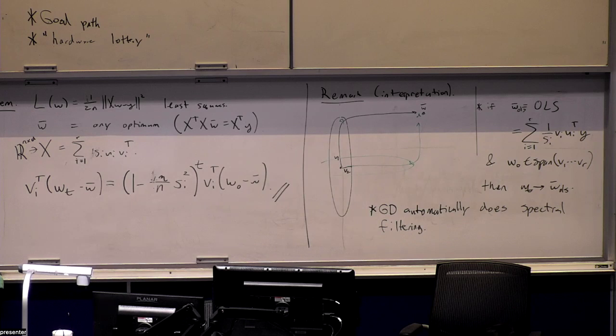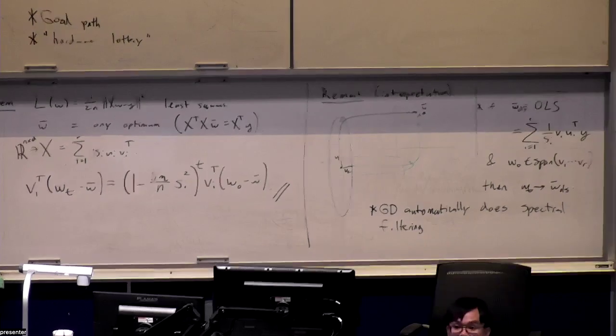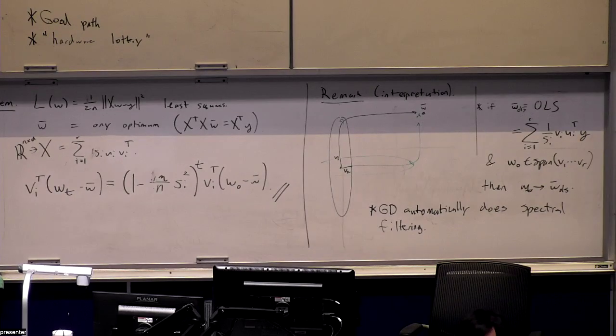Like you mentioned, interpretations: why does W_T follow the direction of the largest singular values and singular vectors? Second, if the initial condition lies in the span of all the vectors, then it will converge. For the first interpretation, it says it may not converge.